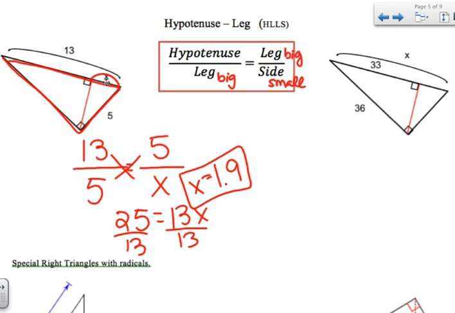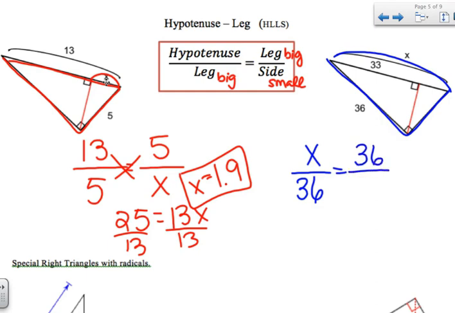Again, I know the hypotenuse, or I'm looking for it, so I'm going to use this theorem. And so I'm going to say hypotenuse over the leg of the bigger triangle, which is this whole thing, equals the leg over the side closest to it, which is 33.